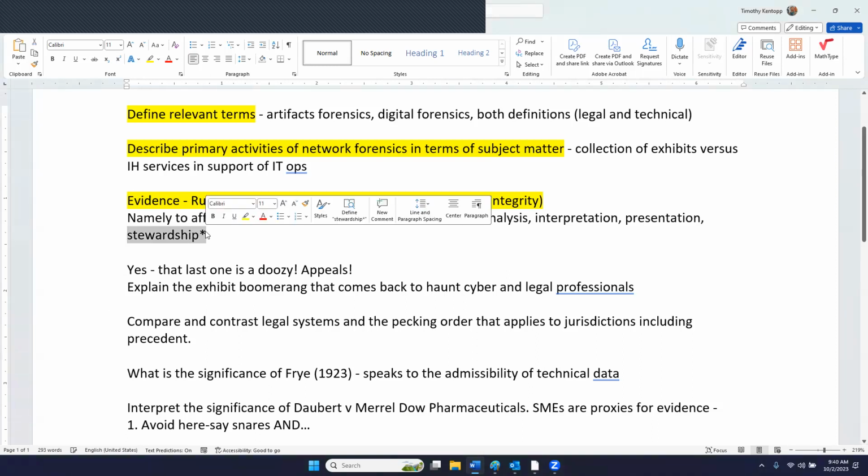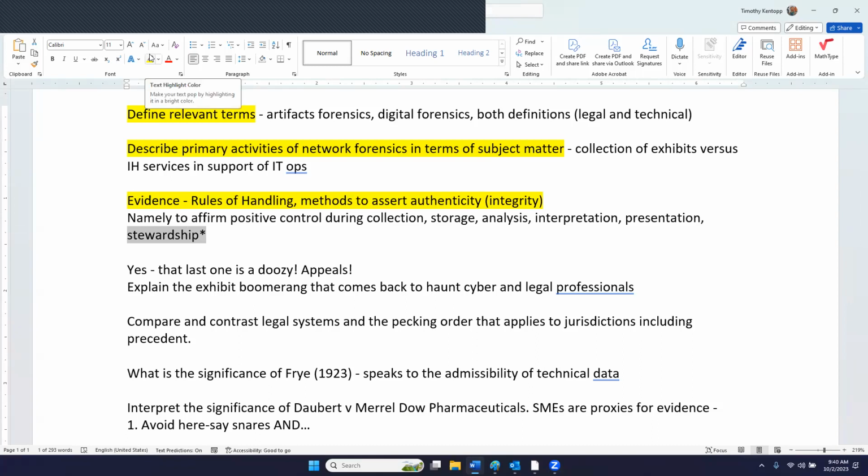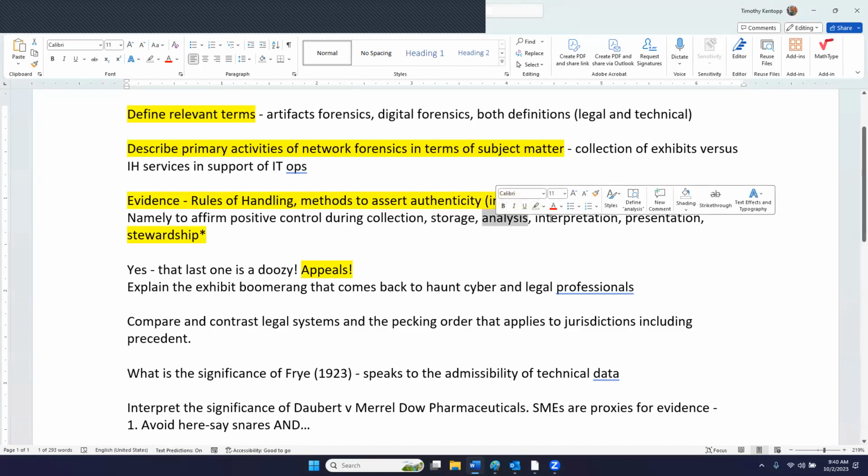Now this one is a boomerang. So this is one aspect that bites people all the time. And essentially what we have is a case where some forensic specialists do an excellent job of collecting data, storing data, analyzing the data, interpreting the data, presenting the data, and then the court case is over.